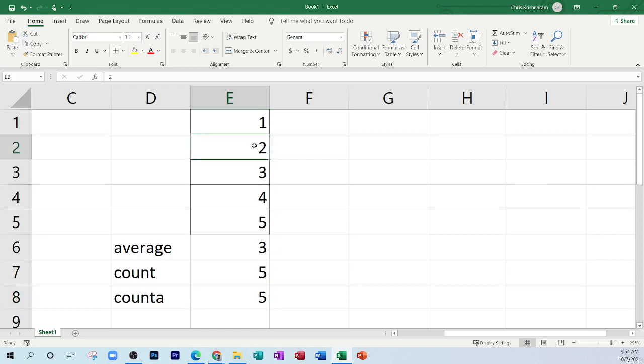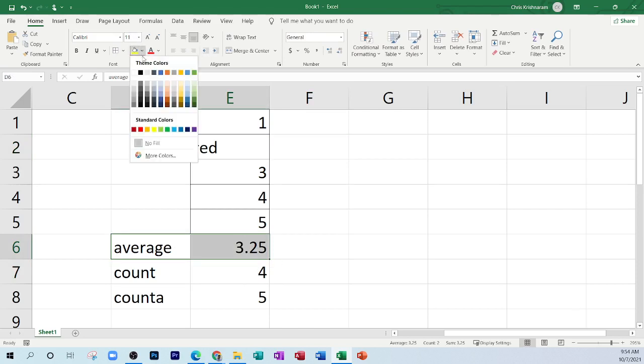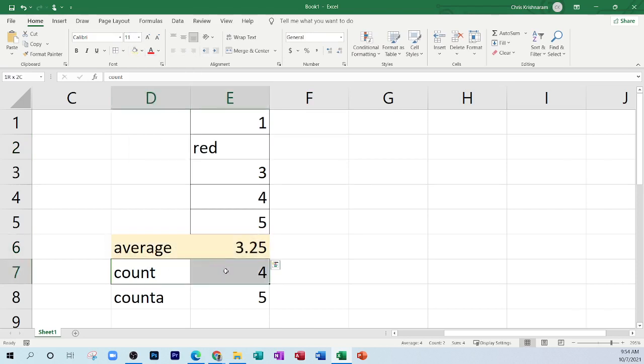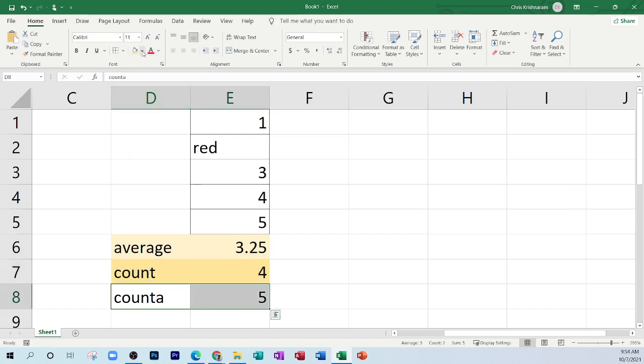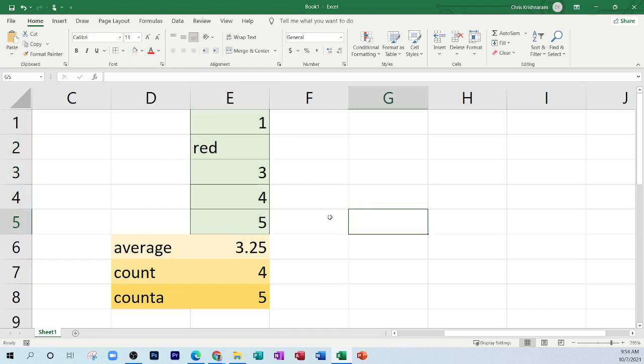Now if we replace 2 with the word red, notice only COUNT changed. So let me put them in some different colors. Good. So notice only COUNT changed.